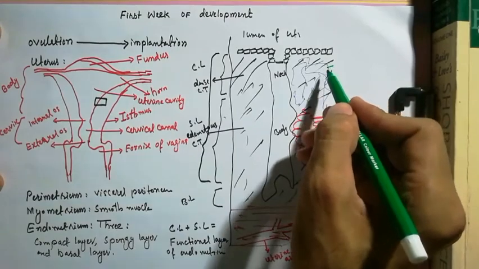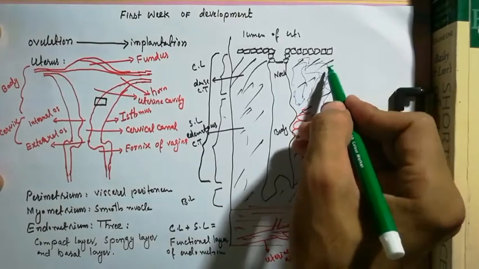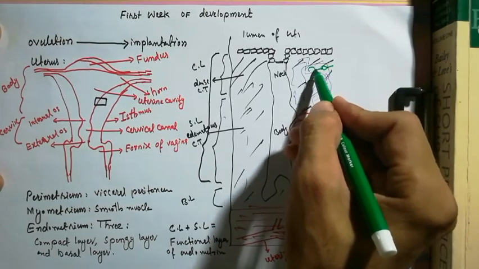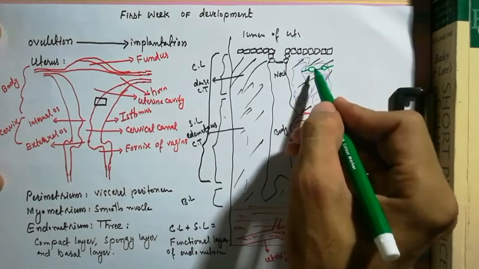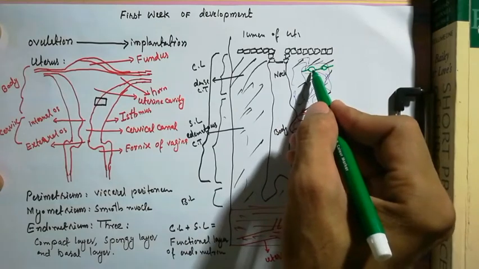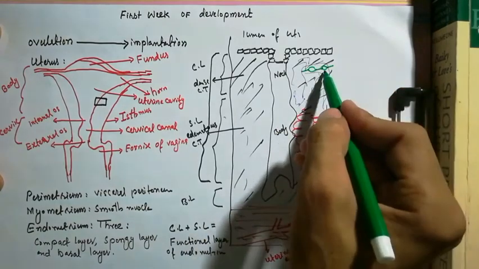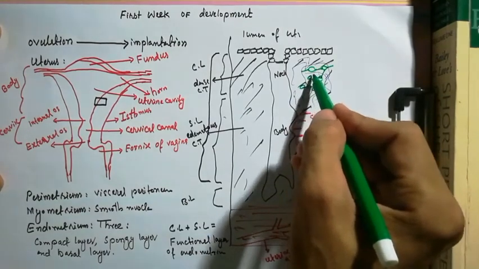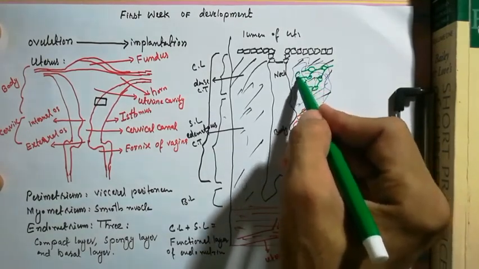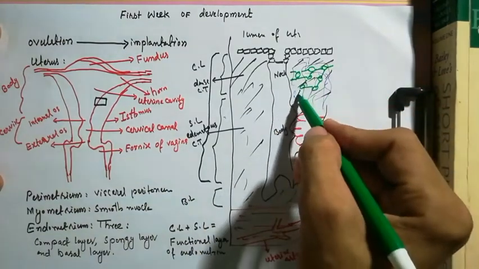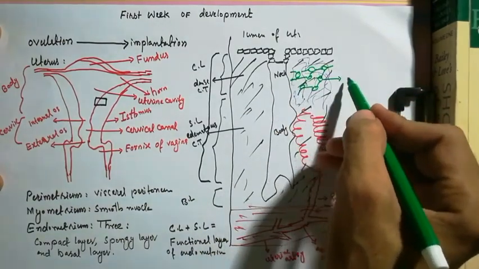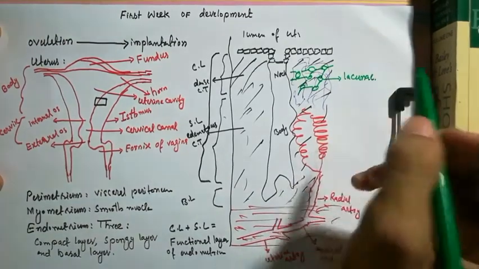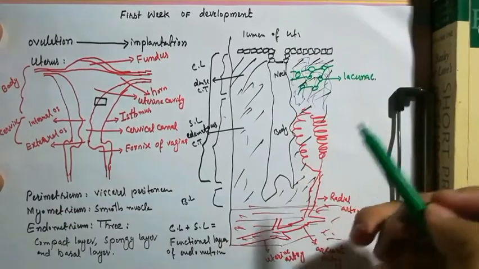These are veins, and at some places veins are dilated in this way, dilated at some places, and these dilated spaces are called lacunae, or venous spaces.